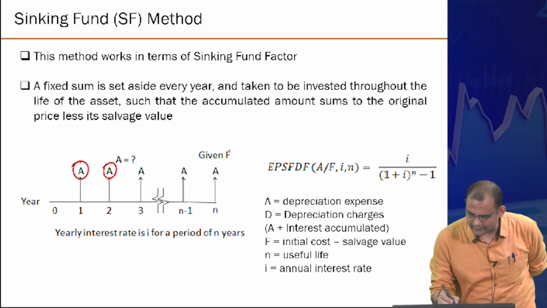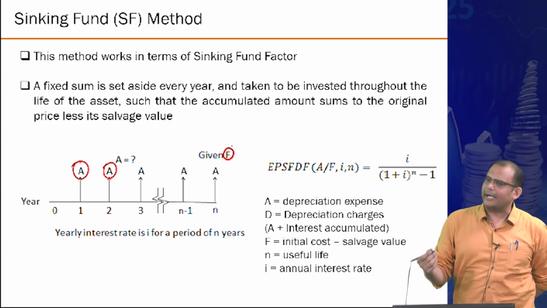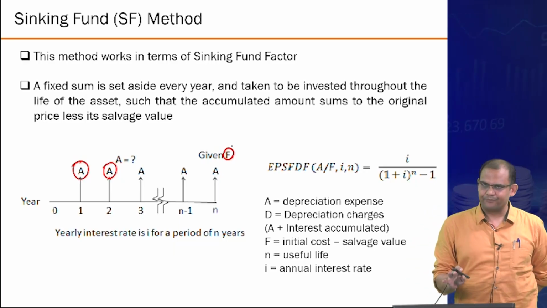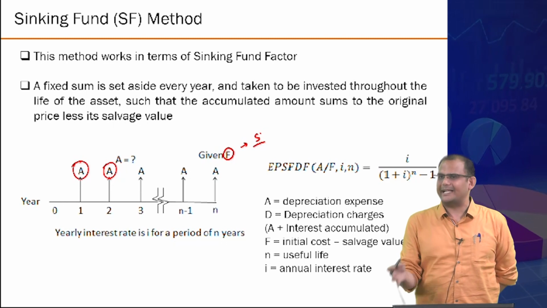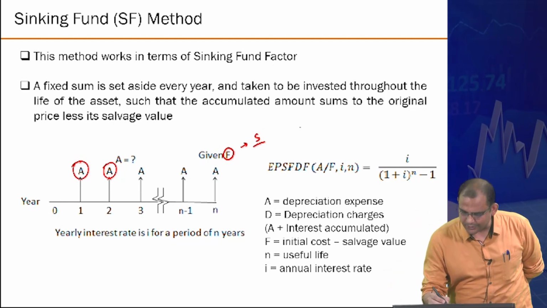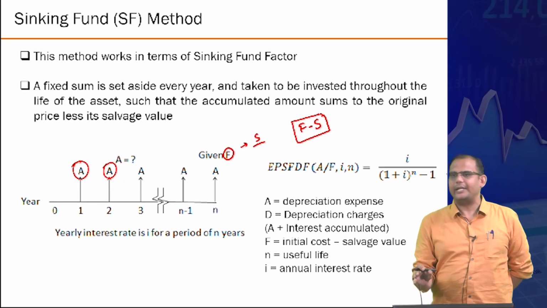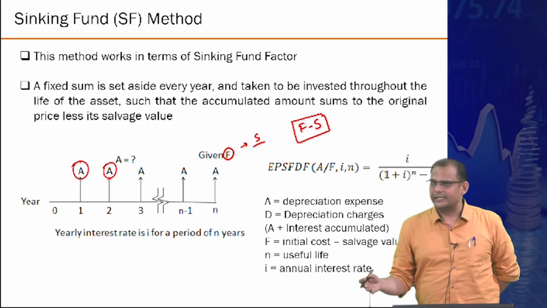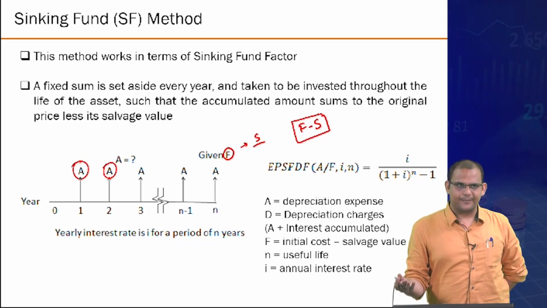So how will you calculate? Suppose you know at the end of year n, the amount that you require to purchase the asset is F, right? You could also have a salvage value that you will get by selling the previous asset. So this F minus S is the total amount you need at the end of year N in order to buy the asset back, right?